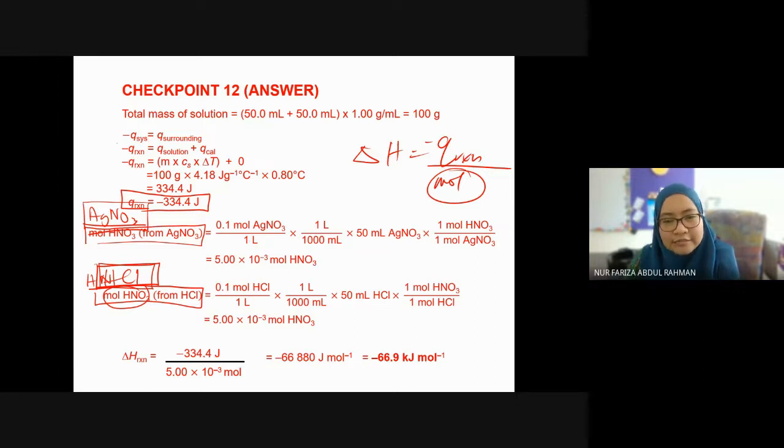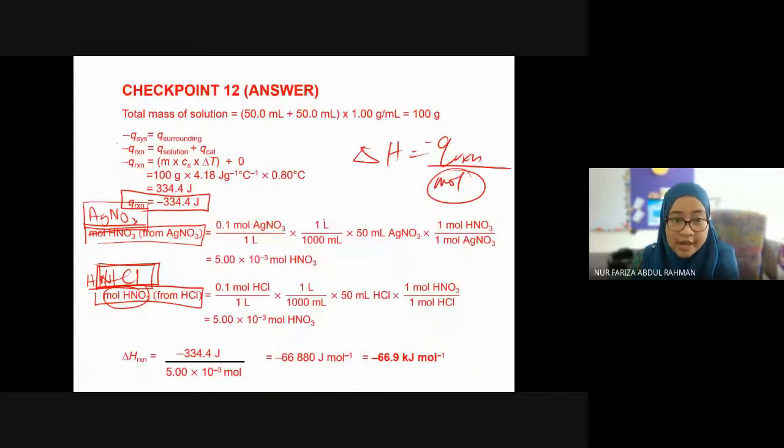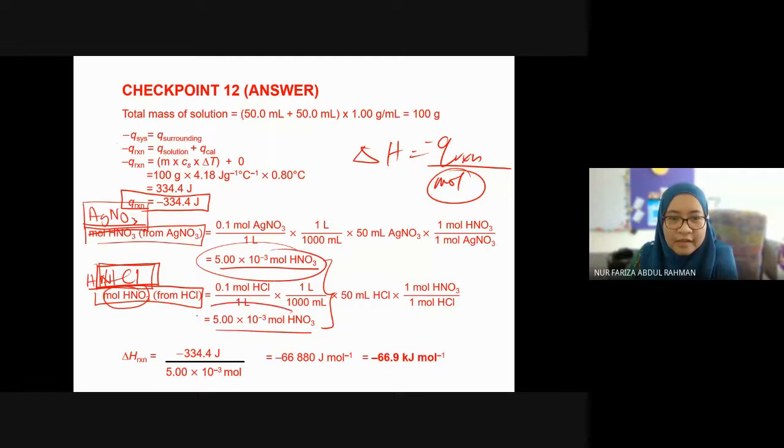Right, so it wants to determine the product chosen, which is HNO3. It wants to compare, is there a limiting reactant? Alright, so when it checks, using AgNO3, it produces this amount of product, and if we are using HCl, it produces this amount of product. As you can see, the mole produced are the same.